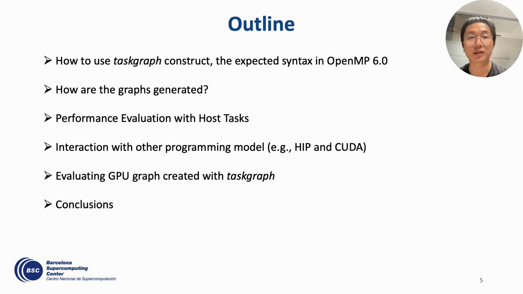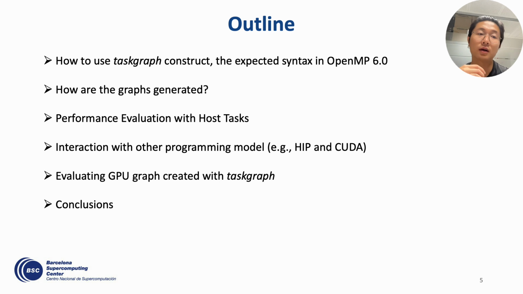But before, I want to give an outline of this talk. We will continue with a syntax review of the Taskgraph directive that is going to be introduced along with the OpenMP 6.0 specification. And I will explain as well how the graphs are generated in the compiler and at runtime.